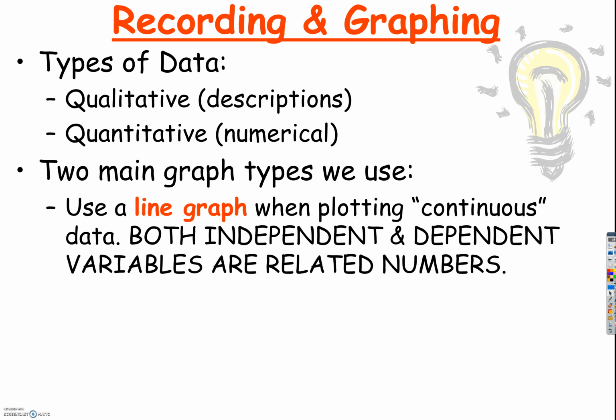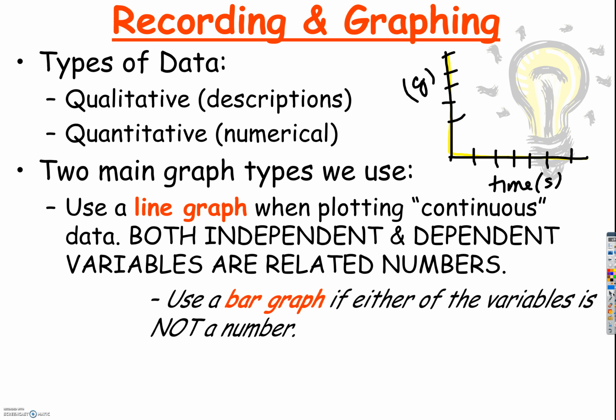For example, if you were doing the amount of product produced over a period of time, you might have a line graph. So here you have your time on the x, and you have numbers, and then you have some amount of something that's being made, maybe in grams. This would be a really good example of where you'd want to use a line graph.